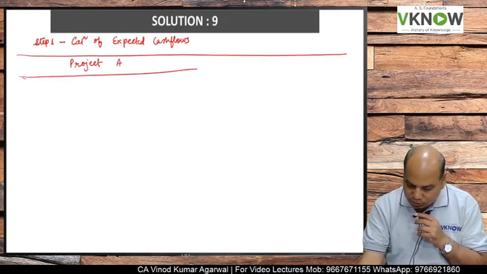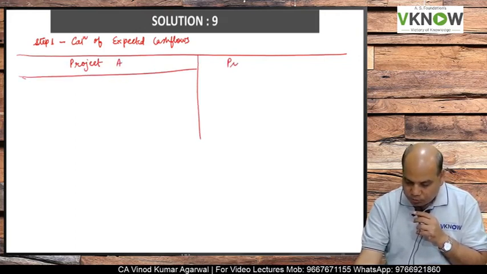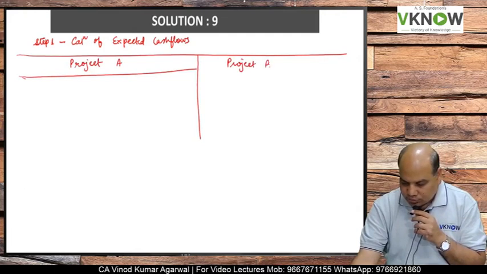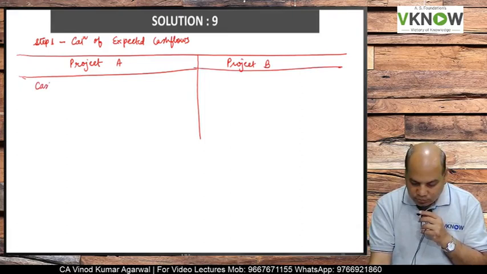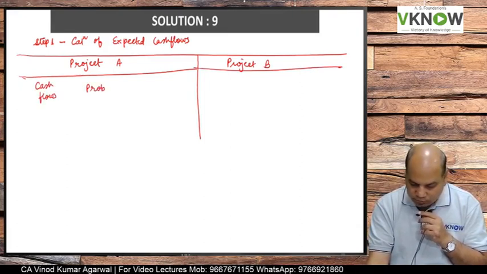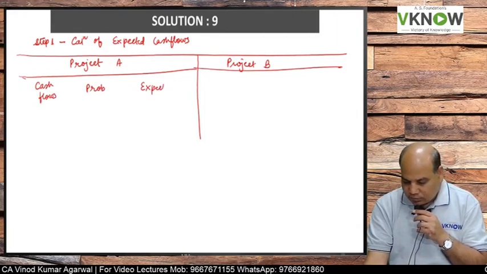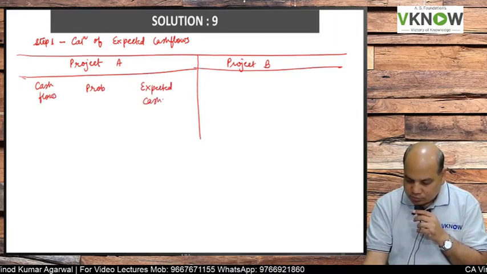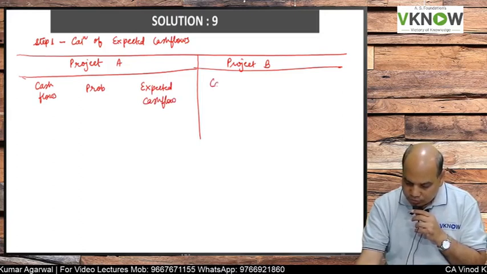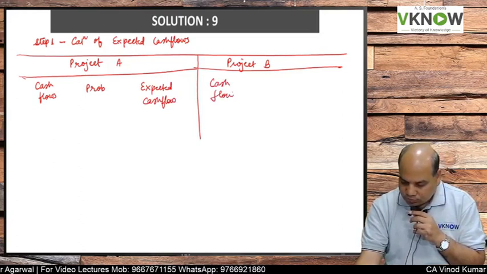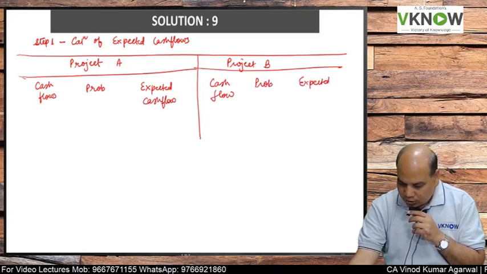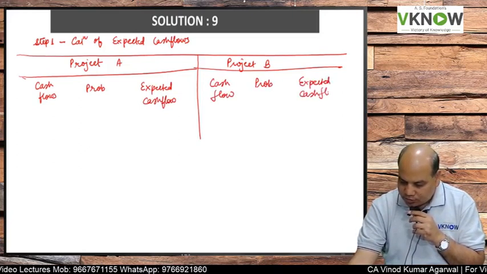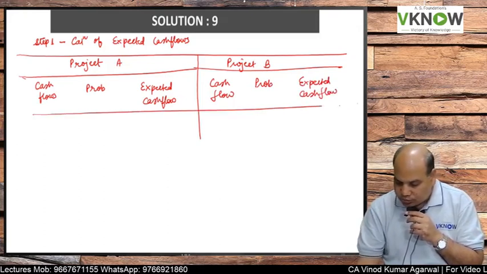Project A will have 3 columns and project B will have 3 columns. Keep calculator ready. The columns will be cash flow, probability and expected cash flow. Again, cash flow, probability and expected cash flow. Write nicely. Avoid short forms.